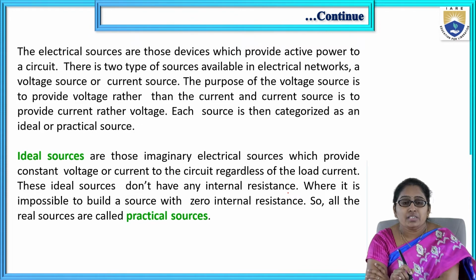Ideal means they are imaginary sources, because ideal sources do not have any internal resistance, but practically speaking, every source is designed with some internal resistance. That's why they are called imaginary electrical sources.